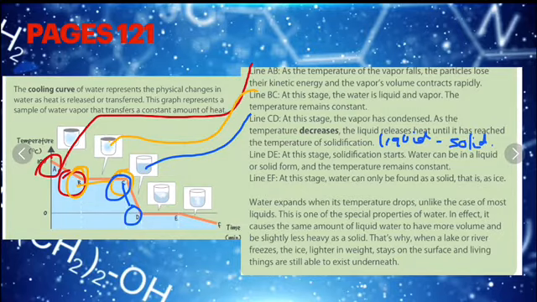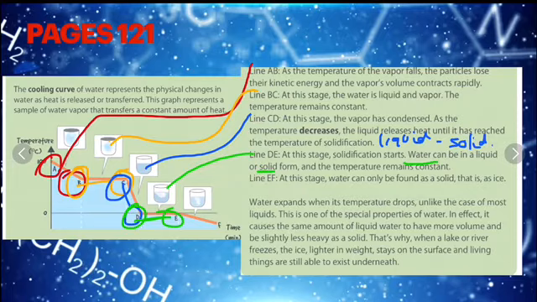Okay, the line DE, this line right here, at this stage solidification starts. Water can be in a liquid or solid form and the temperature remains constant. So right here you have water and at the same time you have it in solid form.